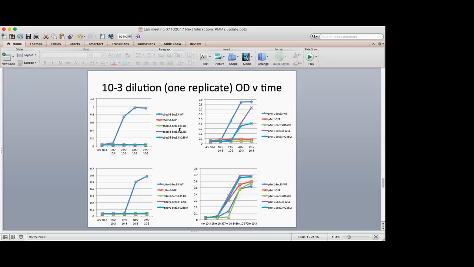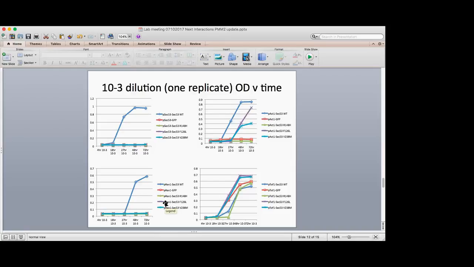For example, let's say we worked with the F126L and the V238M strains, with the 1,000-fold dilution, and then let's look after 24 hours. If we compare that to the Sec53 wild type control, you're already seeing growth with the Sec53 wild type, but you're seeing really no growth at all with the mutants.